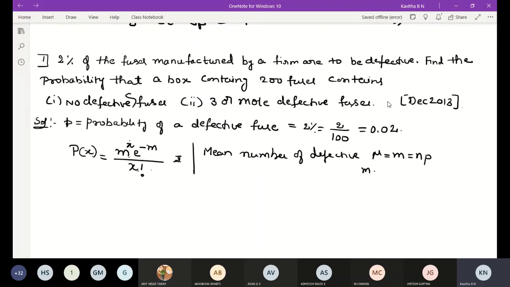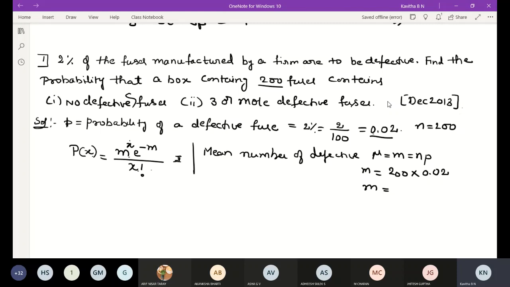Then m, n is what? n is 200 fuses. Write down here n is equal to 200. And p is what? Just now we found 0.02. Then m is equal to 200 into 0.02.